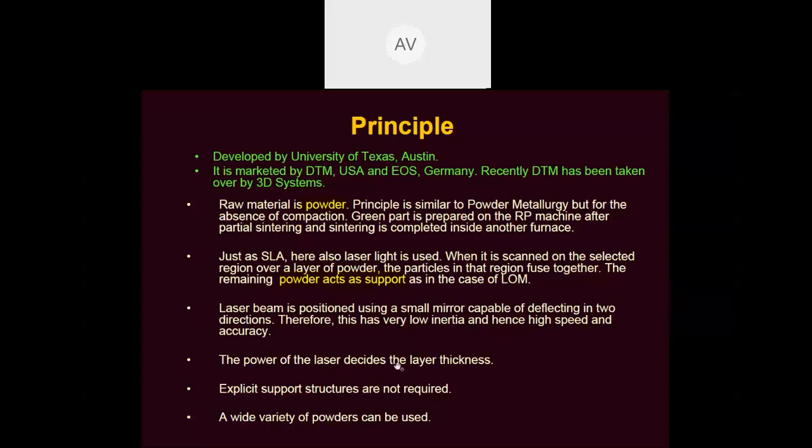This is a very important point. Then explicit support structures are not required, meaning external dedicated support structures are not required. The remaining powder will automatically act as a support. A wide variety of powders can be used. This is important.